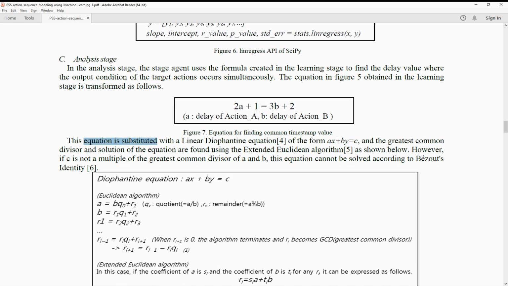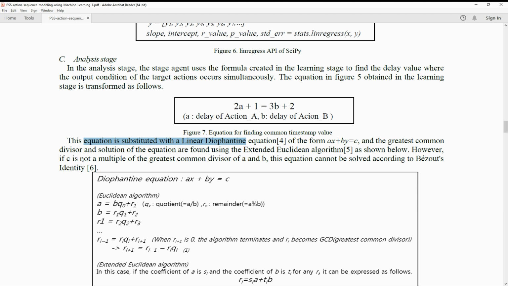This equation is substituted with the linear Diophantine equation of the form ax plus by is c, and the greatest common divisor and the solution of the equation are found using the extended Euclidean algorithm as shown below.